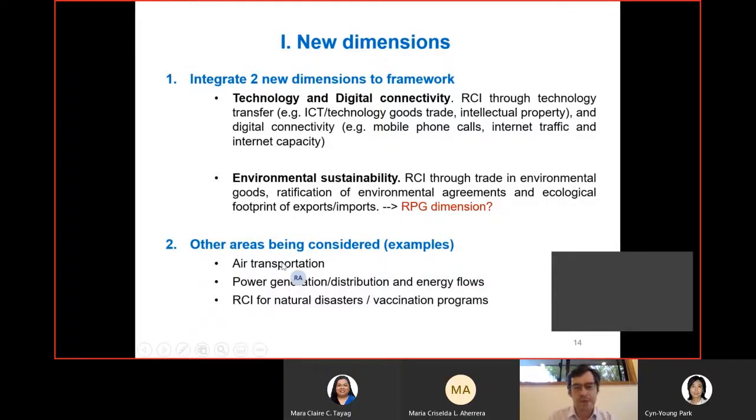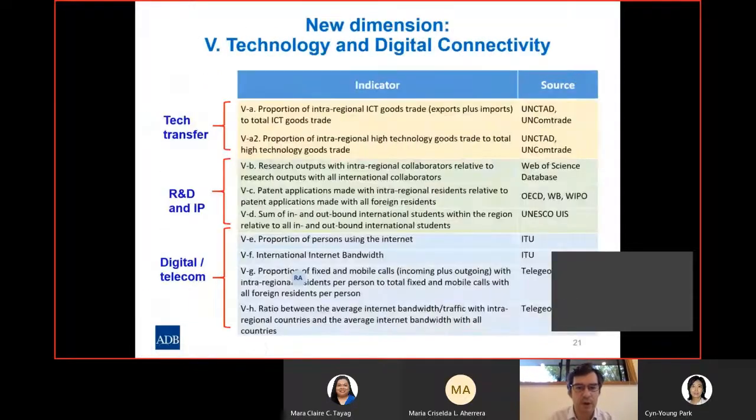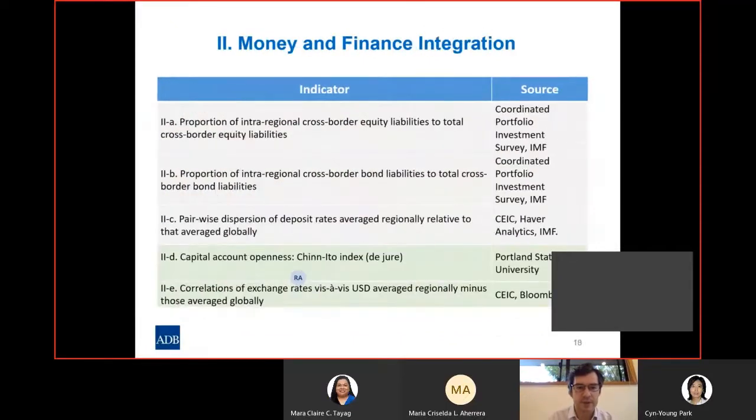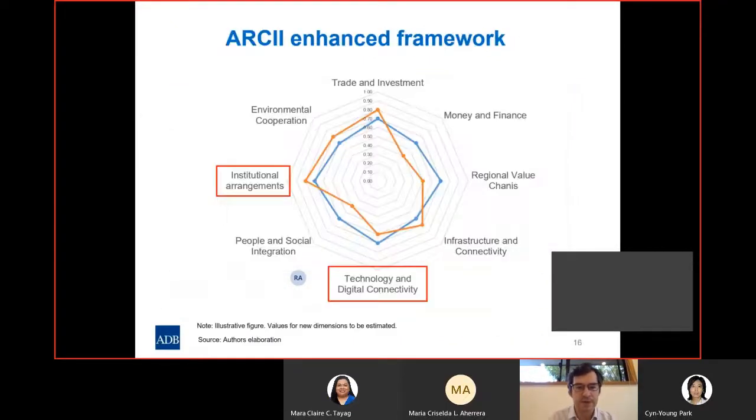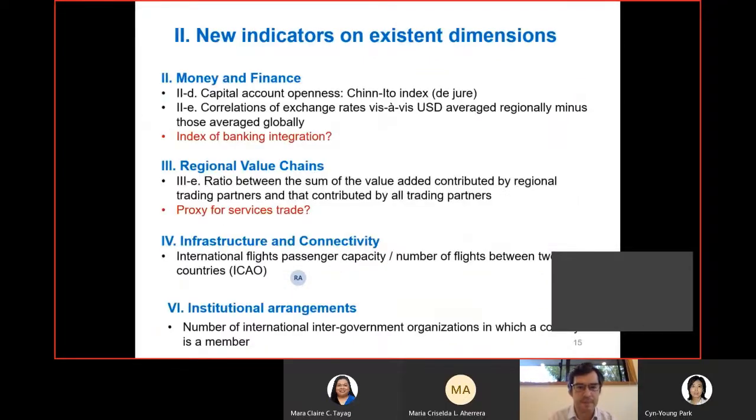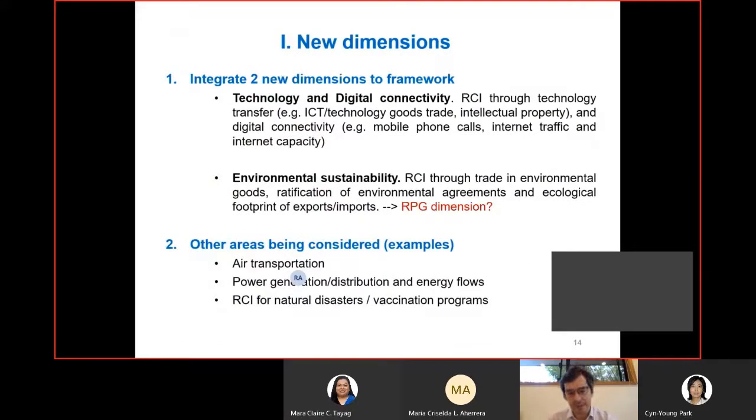There are other dimensions that have been considered in our analysis and that were mentioned by the different departments working on the area. For example, air transportation. It's an area where we wanted to improve the data, which is now considered part of ARCII.